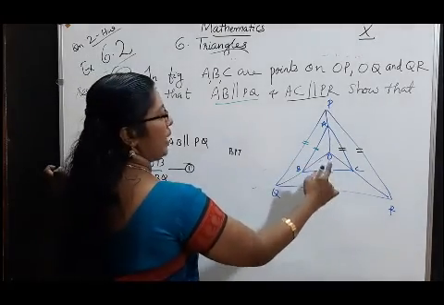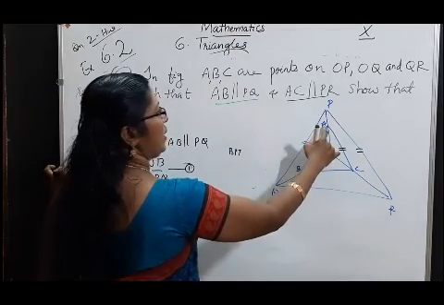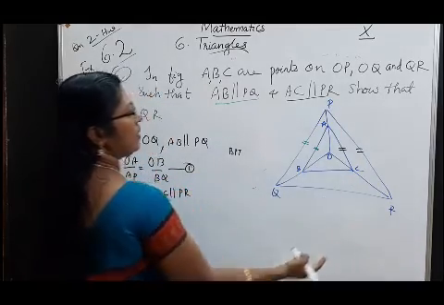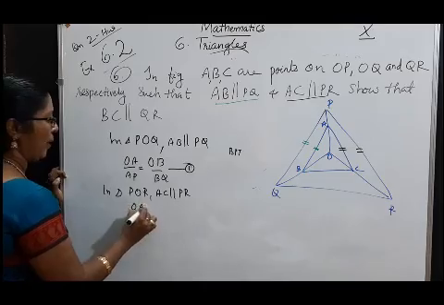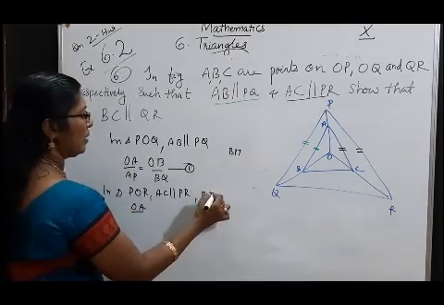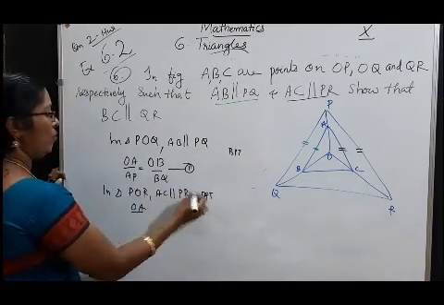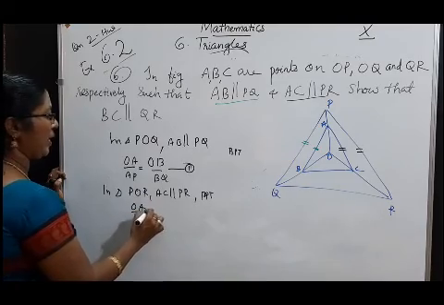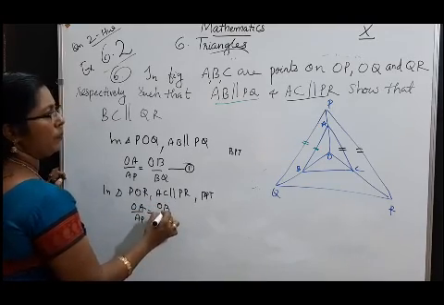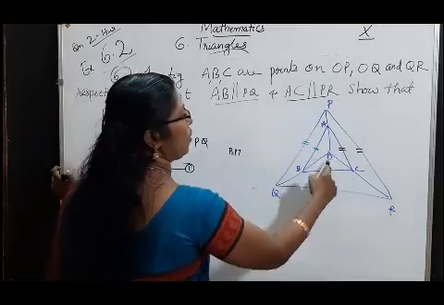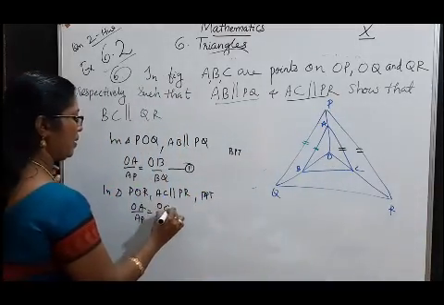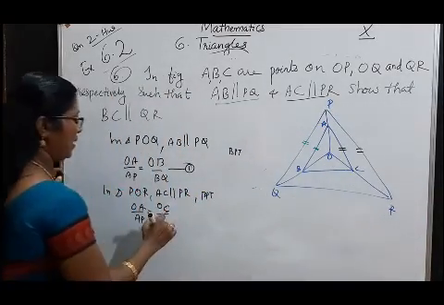So by BPT, we can write OA by AP equals OC by CR, equation number 2.